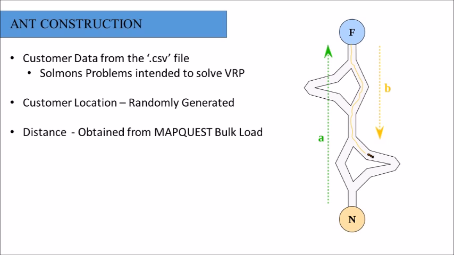Multi-ant colony consists of a group of ants that explores the feasible region to find a better solution. The initial solution is generated from the nearest neighbor algorithm, which is coded by us for a vehicle routing problem with time windows.